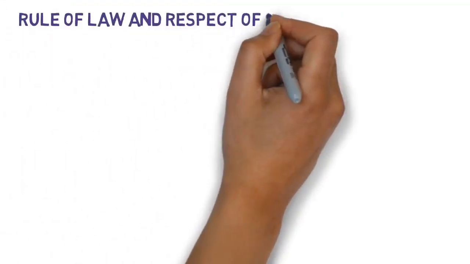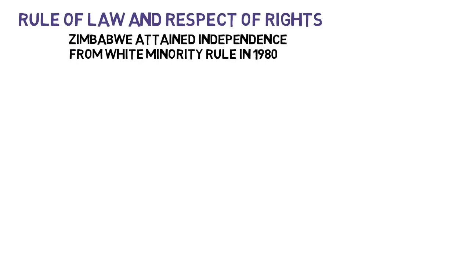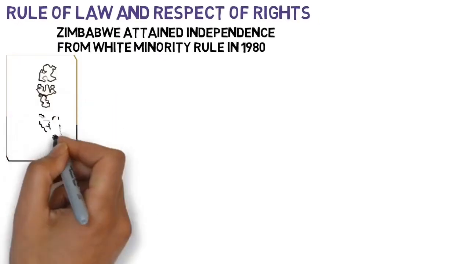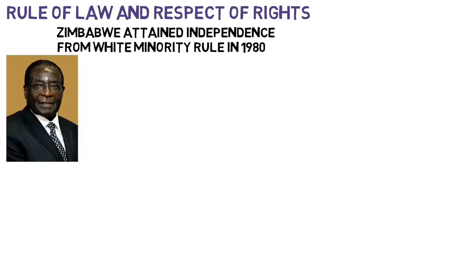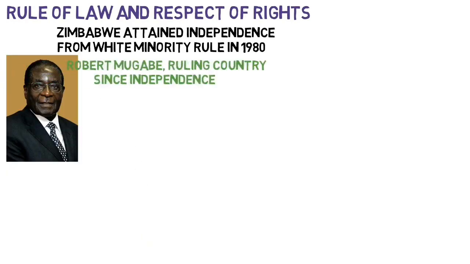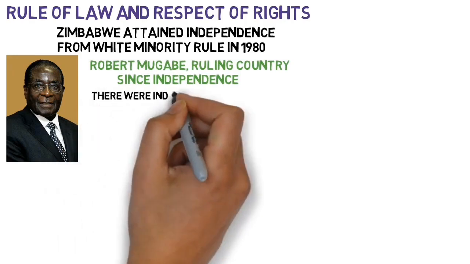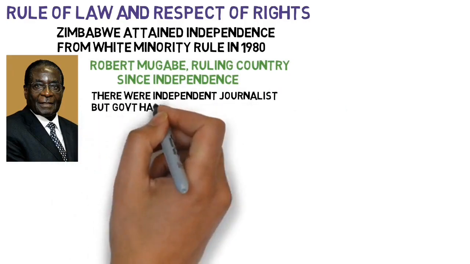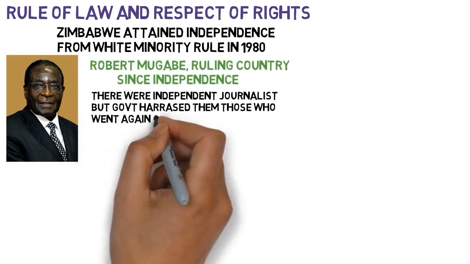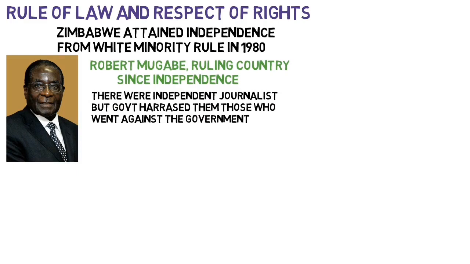Our fourth feature is rule of law and respect for rights. All the rights should be respected. In Zimbabwe, when it attained independence from white minority rule in 1980, since that time it was ruled by one person, Robert Mugabe. There were some independent journalists who were writing against the government, but they were being harassed.